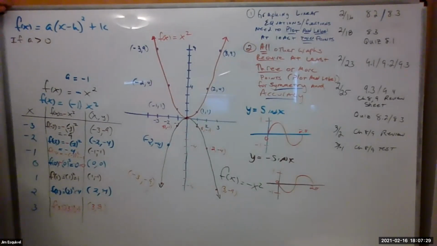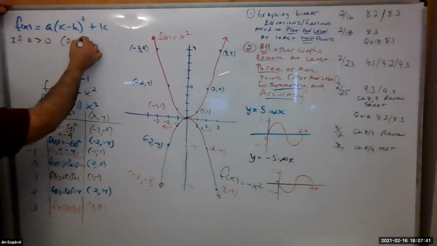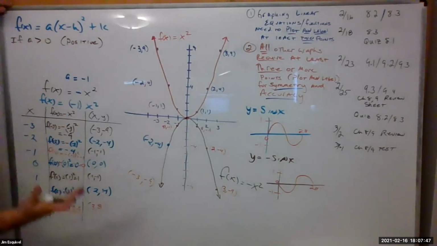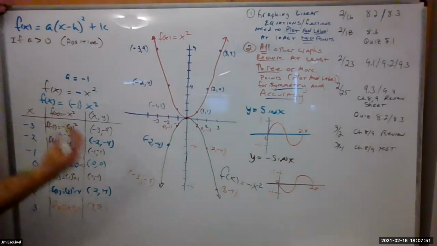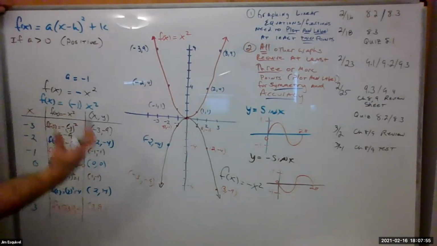Real numbers, positive numbers. If a is greater than 0, positive. When you're a positive person, you're a happy person. When you're happy, you're smiling.